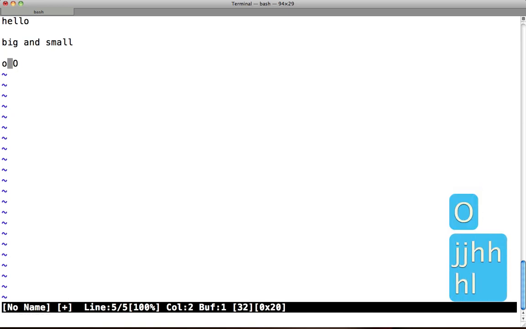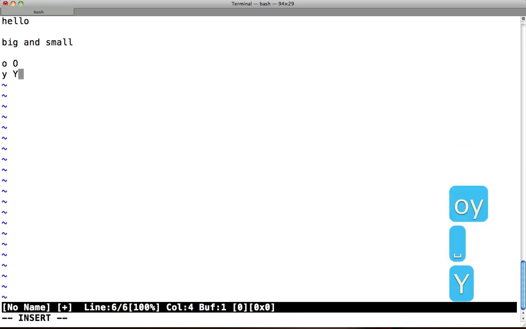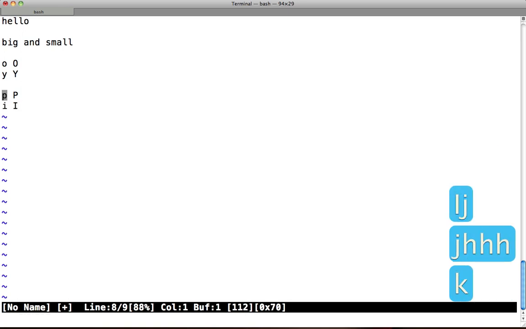It's lowercase o and capital O. So we just call it small o and big O, and small y and big Y, small p and big P, small i and big I. I'm Chinese, and in China we always call lowercase small and uppercase big. I'm not sure if native speakers talk this way. Anyway, I don't care.